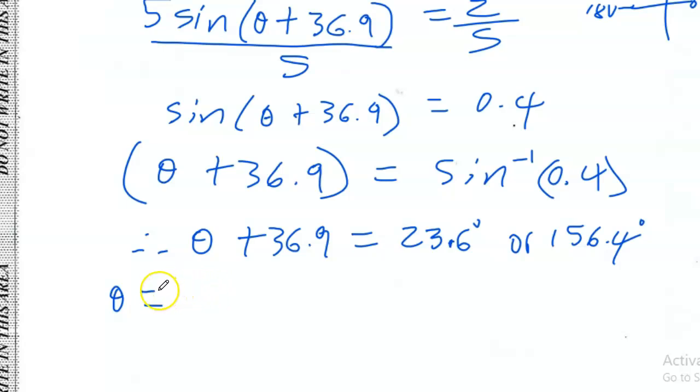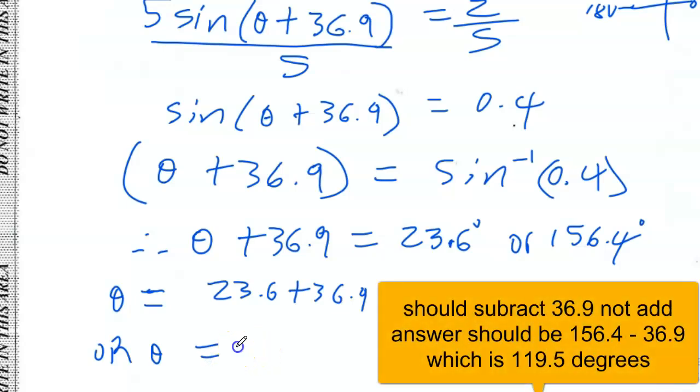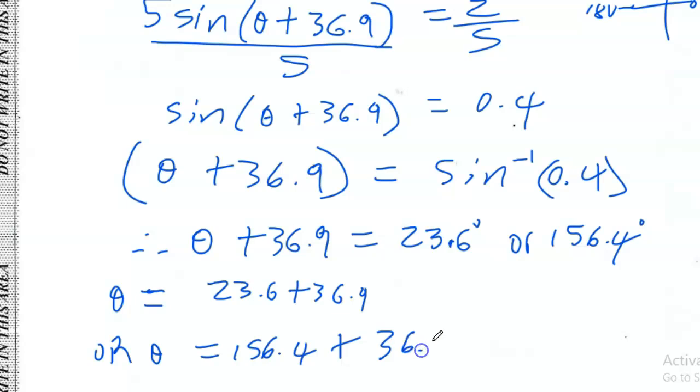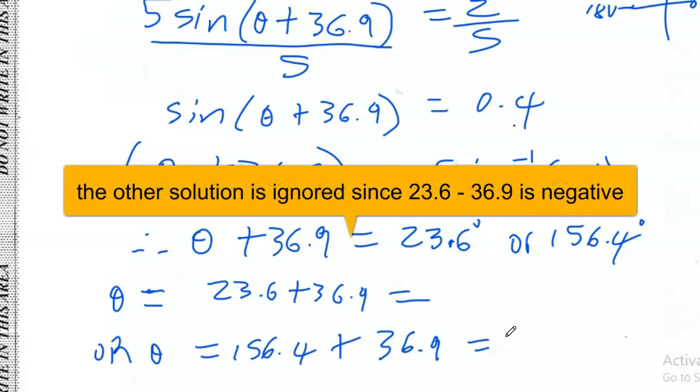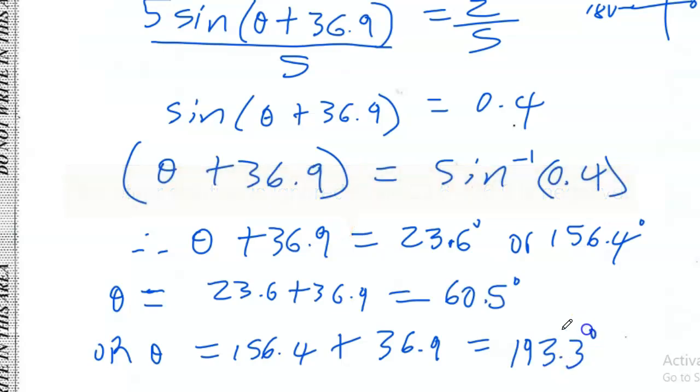So theta is 23.6 plus 36.9, or theta equals 156.4 plus 36.9. So you add 36.9 to both sides. So theta would be 23.6 plus 36.9. So these are the solutions.